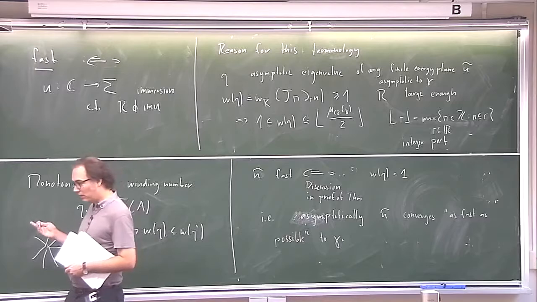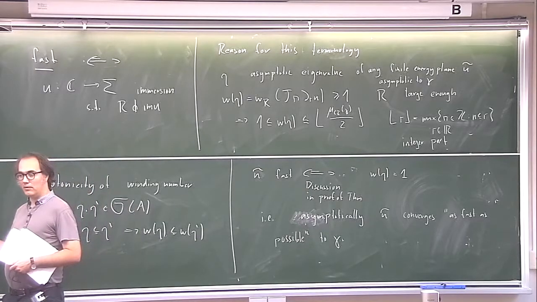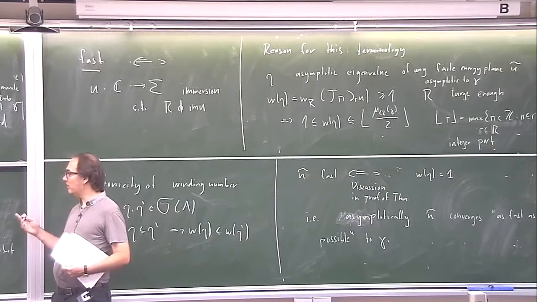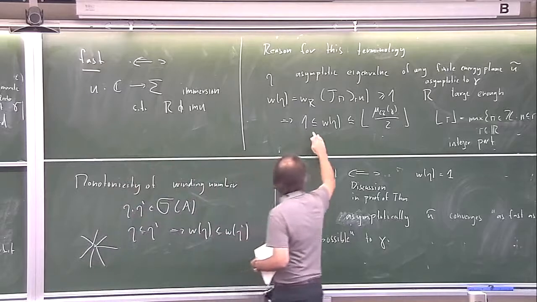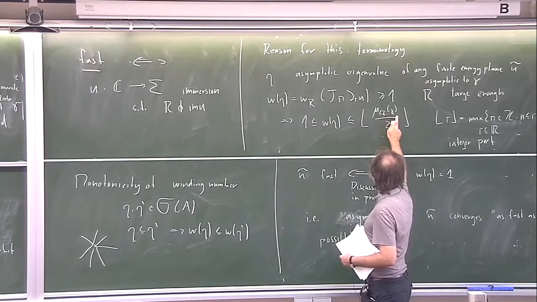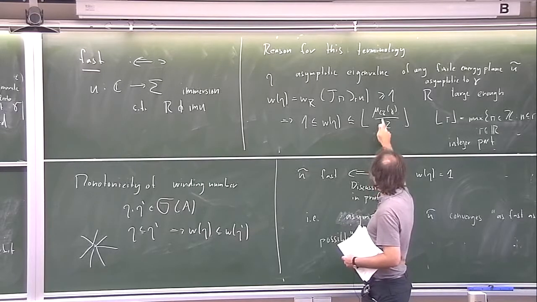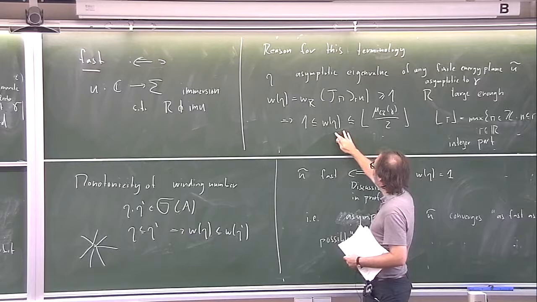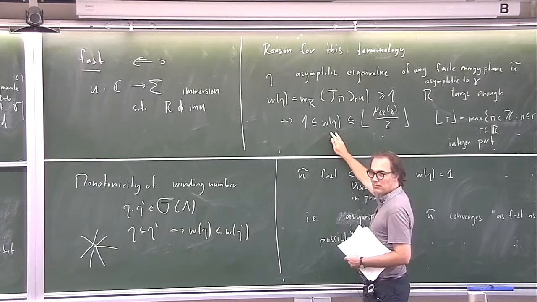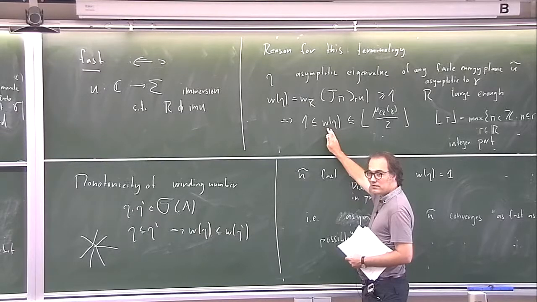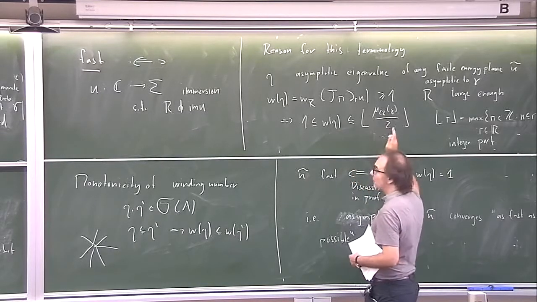No, so you can also have a periodic orbit of bigger Conley-Zehnder index with fast planes. But then you do not have what you see here. If it's 2 or 3, then this is 1. But if it's more, then you can also have other finite energy planes which have asymptotic winding bigger than one. So they are not necessarily immersed.